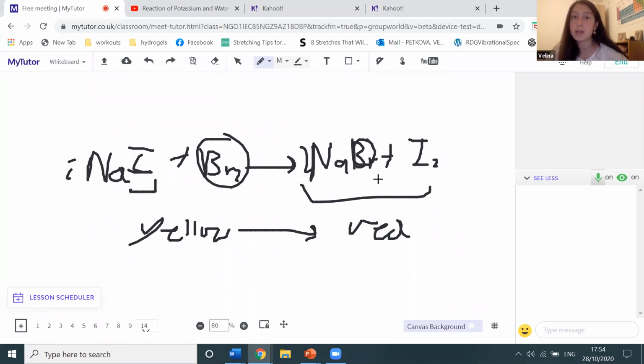So now bromine is chemically bonded to the sodium. That's what it means. We start off with the sodium and the iodine chemically bonded, and we end up with the sodium and the bromine chemically bonded. So we can see that bromine has displaced the iodine in the chemical bond. Does that make sense, what a displacement reaction is?